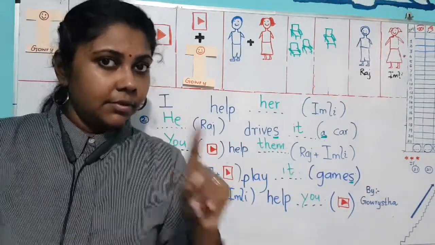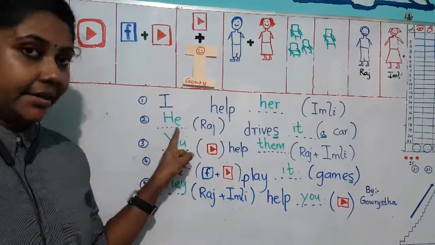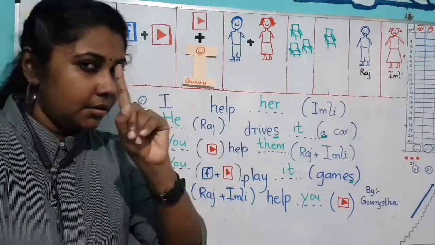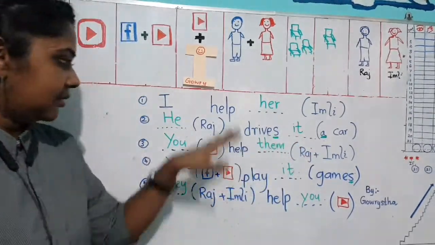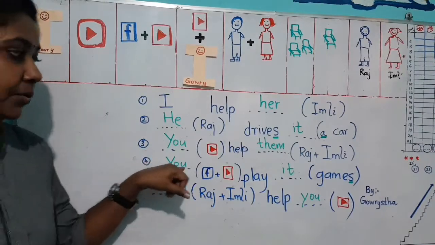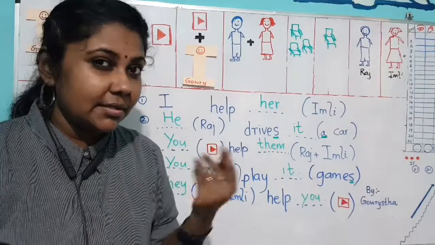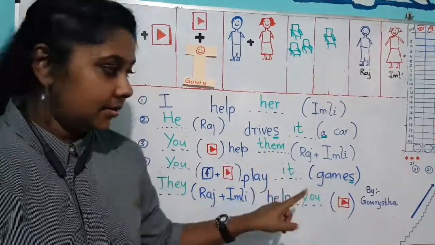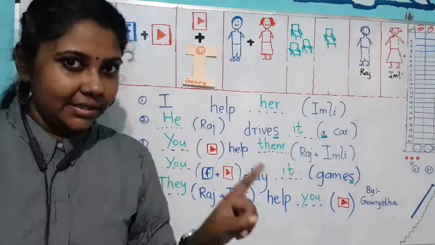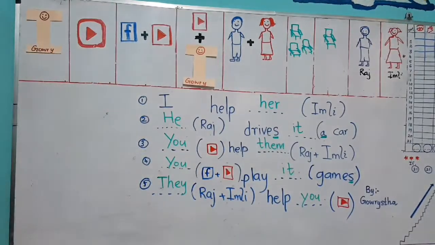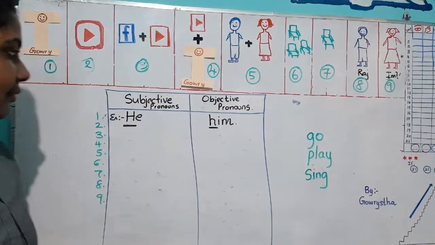Check it. Correct it. Okay. He drives a car. It. You play games. It. Okay. Correct it. Your homework.